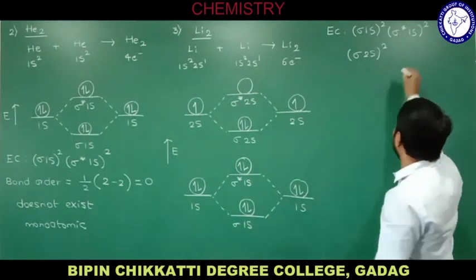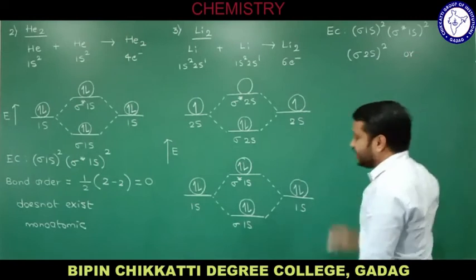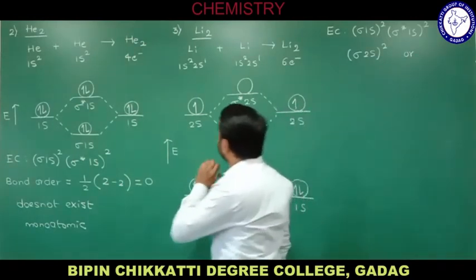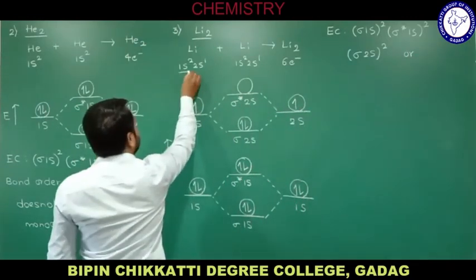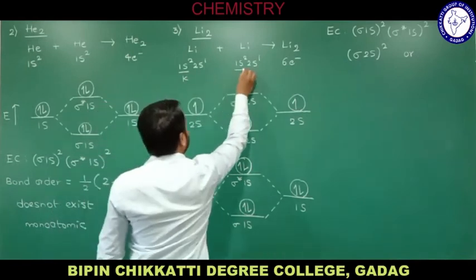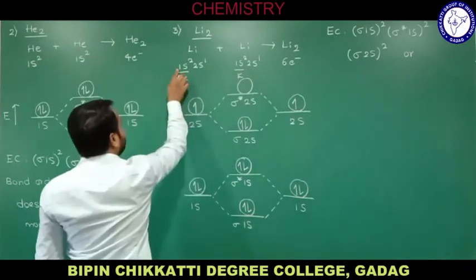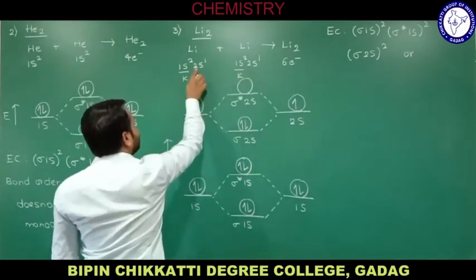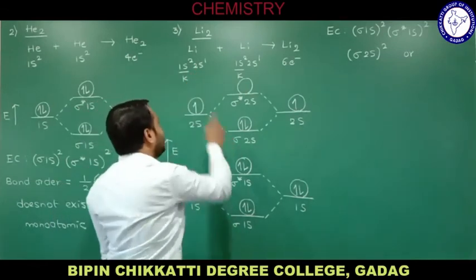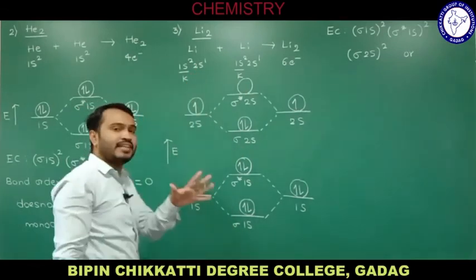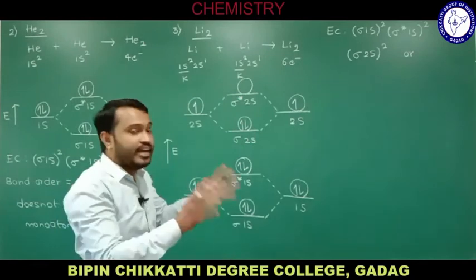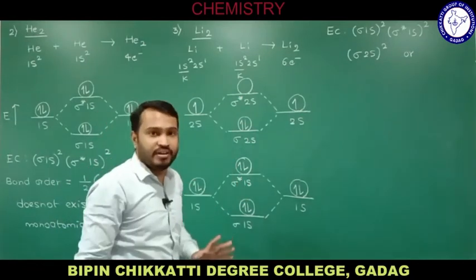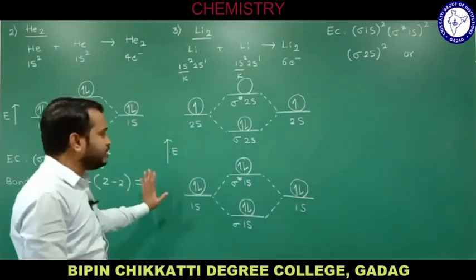One more way I will tell you. If you observe, this is the K shell and this is also the K shell. As we know, the principal quantum number is 1 here, and principal quantum number 2 would be the L shell. In this case, the K shells are completely filled, therefore the K shell does not participate in bonding, and it is not compulsory to mention 1s.